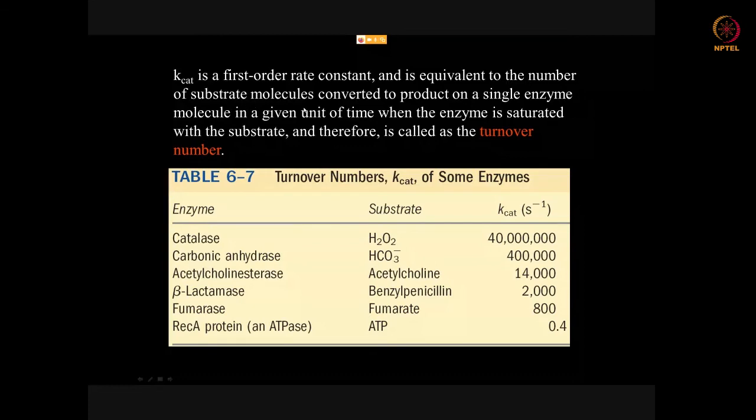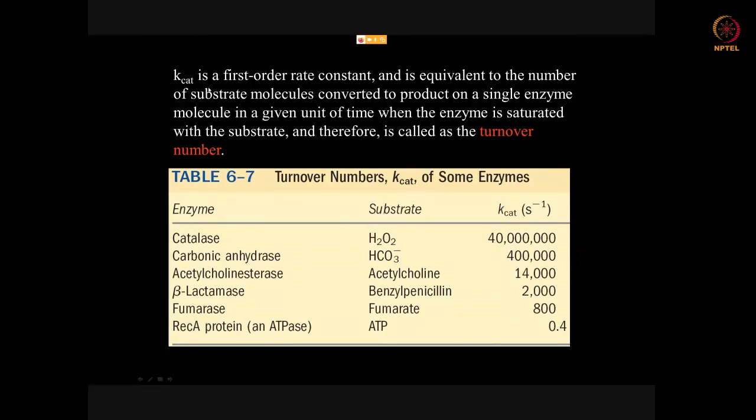It is equal to the number of substrate molecules converted to product by a single enzyme per unit time when the enzyme is saturated with the substrate. This is an essential condition under which this relationship holds good. So this is also called a turnover number, because it tells how many substrates are turned over per unit time. The only additional thing you need to remember is that this is true when substrate is at saturating concentration.